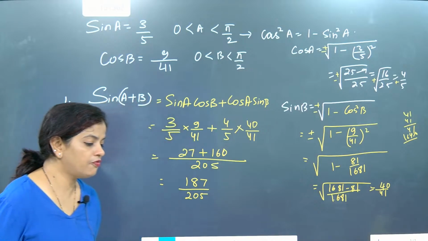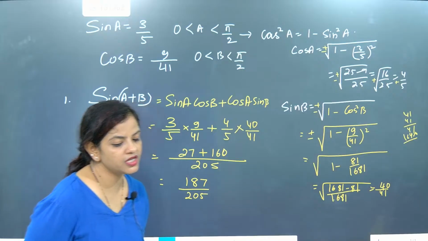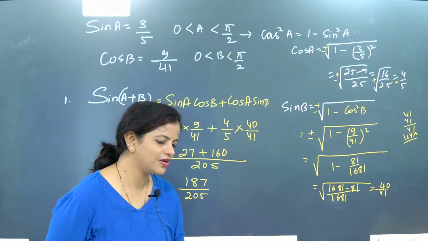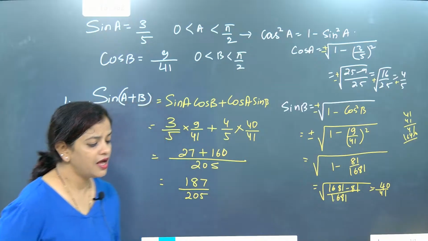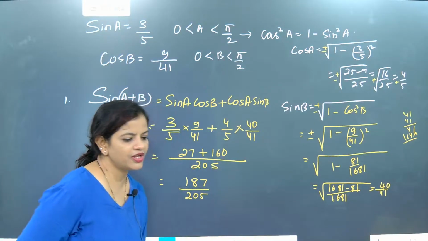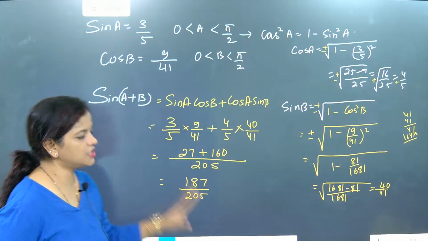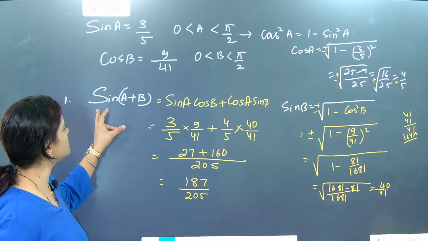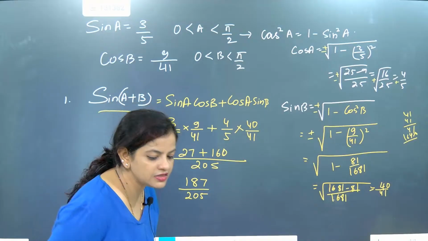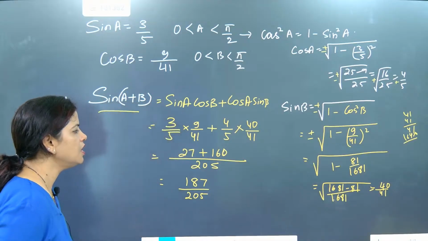For some children who are applying for JEE, I have given some content. But for JEE beta, much advanced questions and much trickier formulas are there. This formula is the simplest one. For NCERT beta, this is much enough. For NCERT, they will be asking simple angles, like this question you need to do.